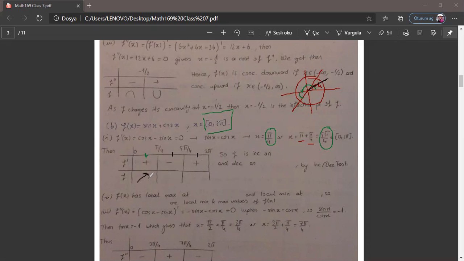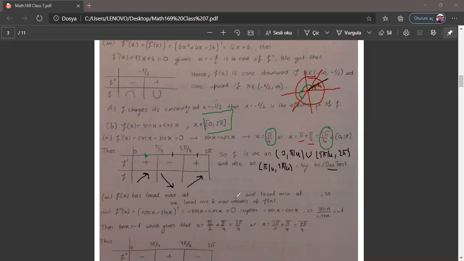So what does it say? Now it's increasing in this interval, then decreasing and increasing again. So it's increasing on 0 to pi over 4 union 5 pi over 4 to 2 pi, and decreasing on the interval pi over 4 to 5 pi over 4 by this test.